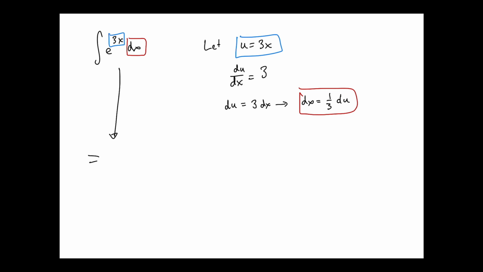Okay, well look at the two pieces of the integral that I wrote. The blue box, what am I going to replace that with? U. Good. The red box I'm going to replace with? Yeah, exactly. Okay? All right.